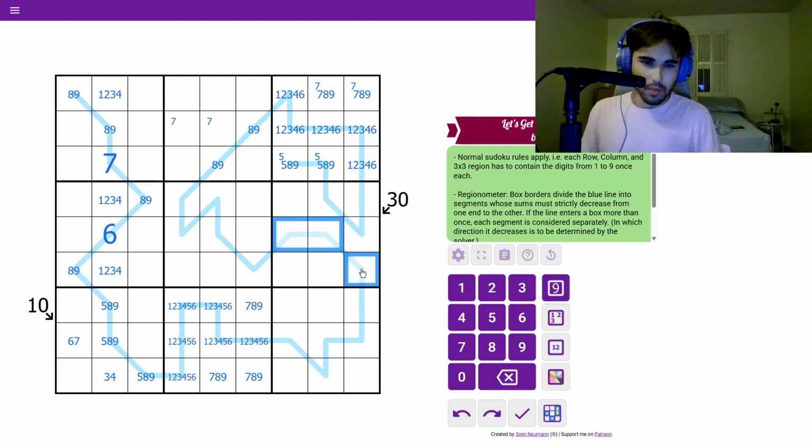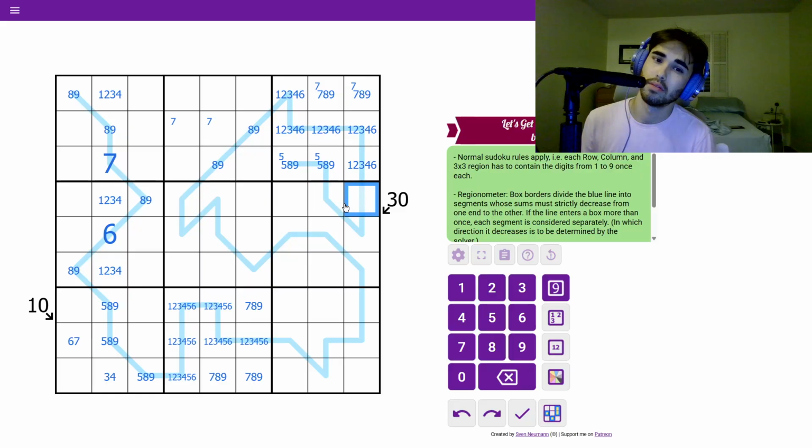But we know this, no matter what, is 19. So if it's 19 plus 15, it's 34. These three have to add to 11.